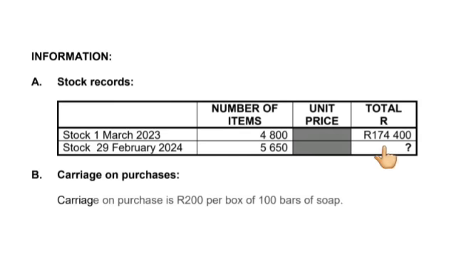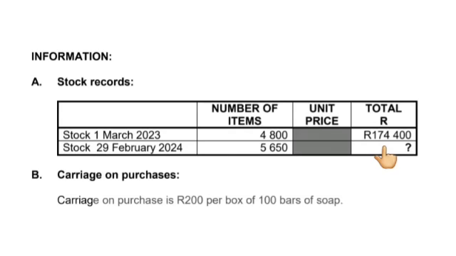So when we look at information A, we get the value of our opening stock on 1 March 2023. We see that the value is 174,400, and the number of units for that value is 4,800.